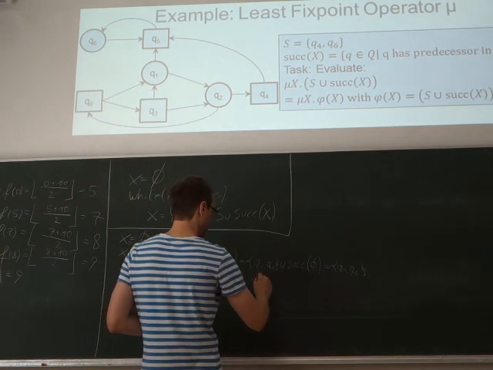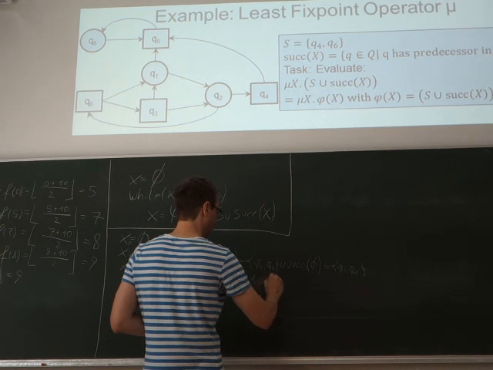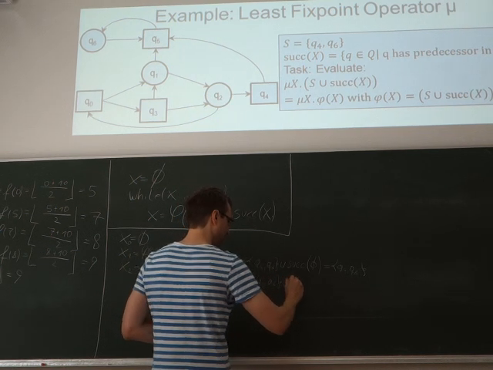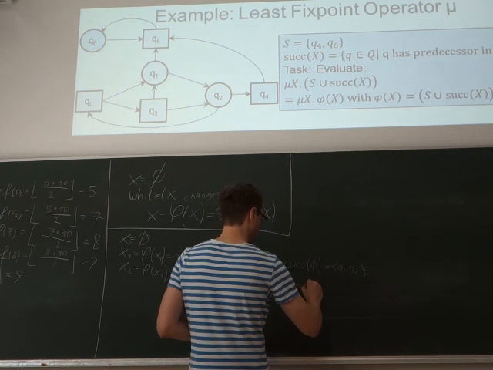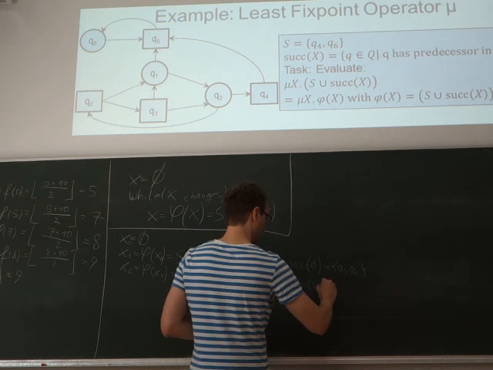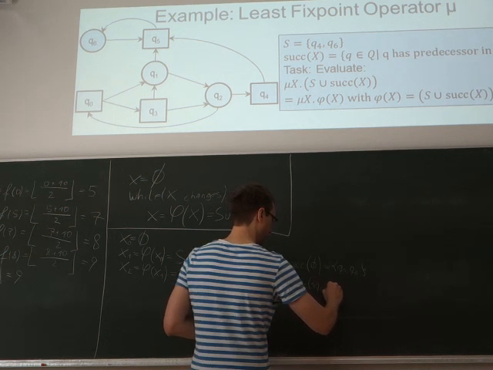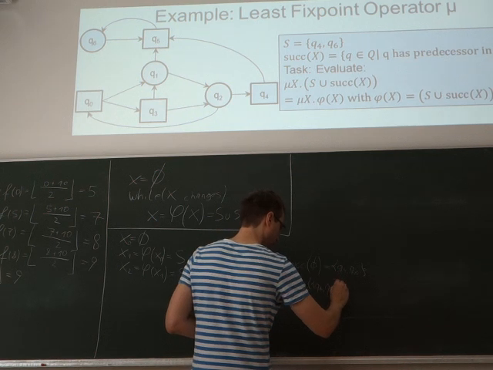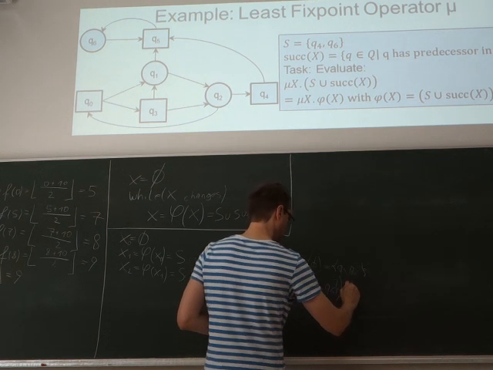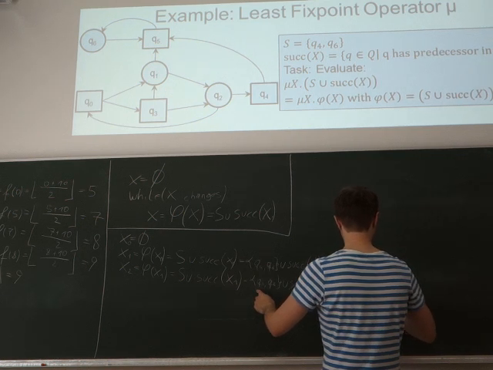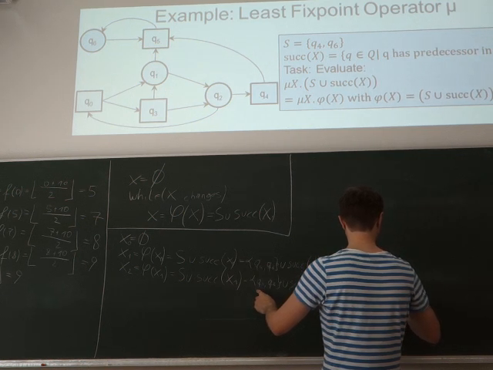S is as we had it before, namely Q4 and Q6, union the successors of the set of states Q4 and Q6. This part is easy. Q4, Q6.